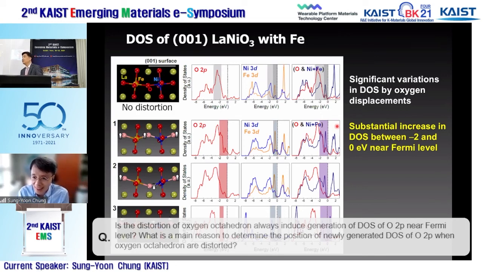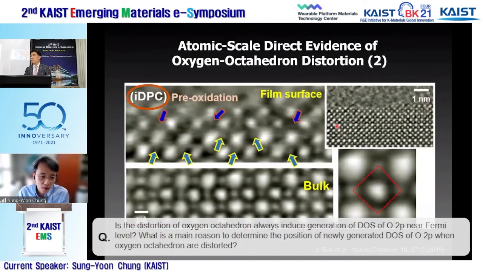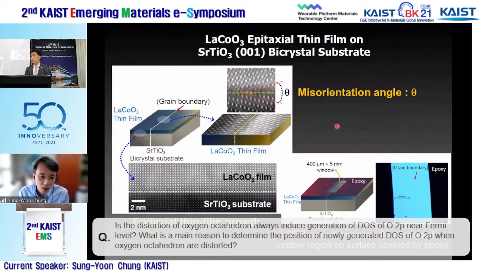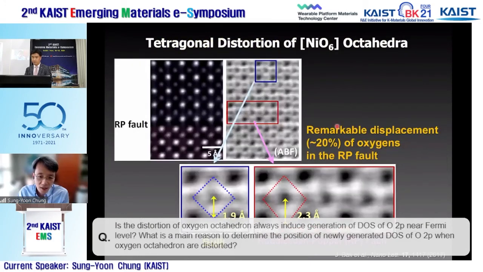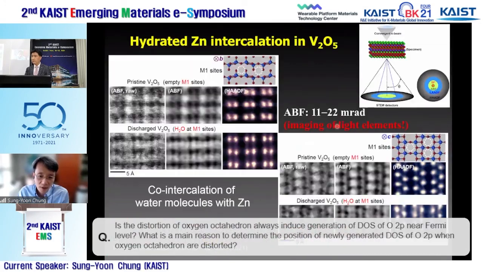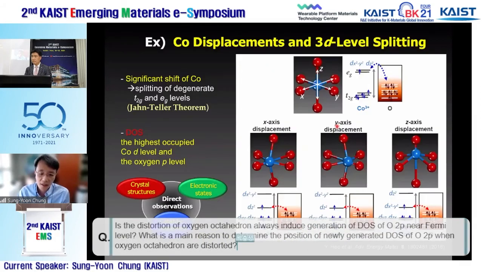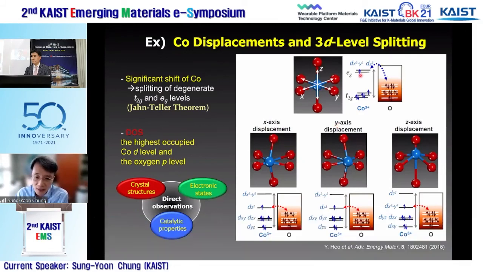Yeah, I think the question is basically the same as the comment of the reviewer when we submitted the paper. Actually, the distortion is not always beneficial for changing the density of states, it's just a trend. You can consider the Jahn-Teller distortion, where some degeneracy is removed by distortion.